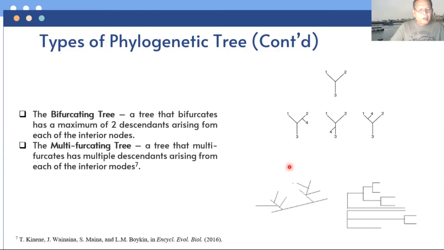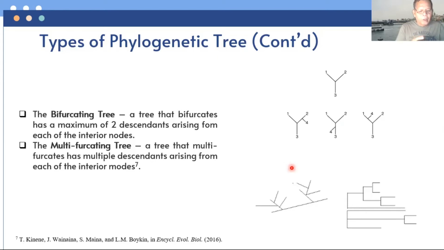Both rooted and unrooted trees can be either bifurcating or multifurcating. A rooted bifurcating tree has exactly 2 descendants arising from each interior node. That is, it forms a binary tree. And an unrooted bifurcating tree takes the form of an unrooted binary tree, a tree with exactly 3 neighbors at its internal node.